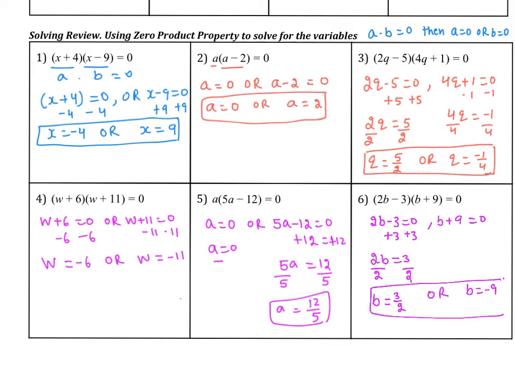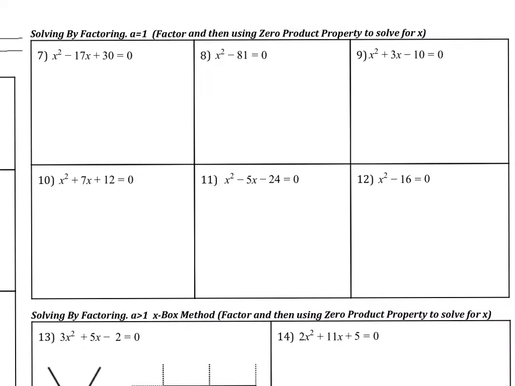So for the zero product property, first of all, you need to know that the expression on this side should be in factor form, and then you're going to set them equal 0 one by one to get the variable by itself.